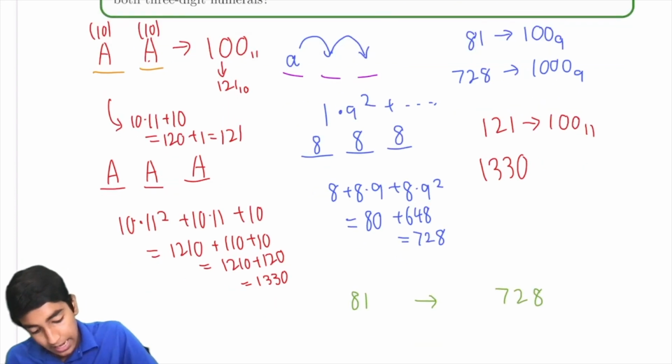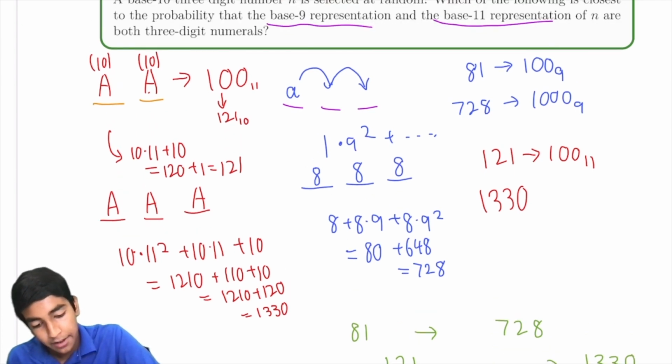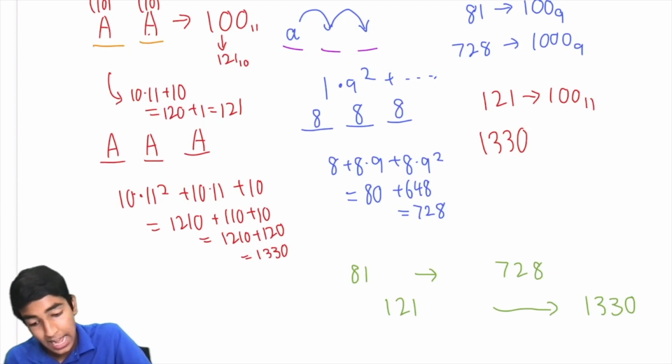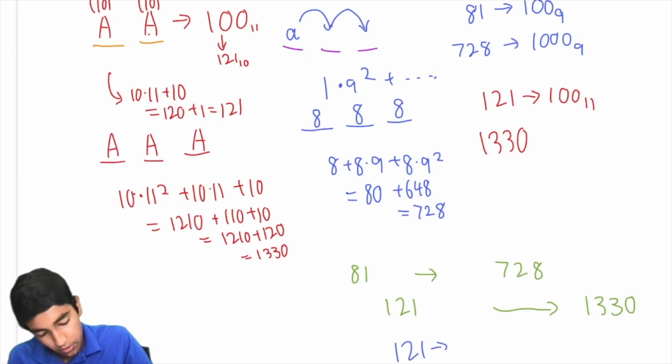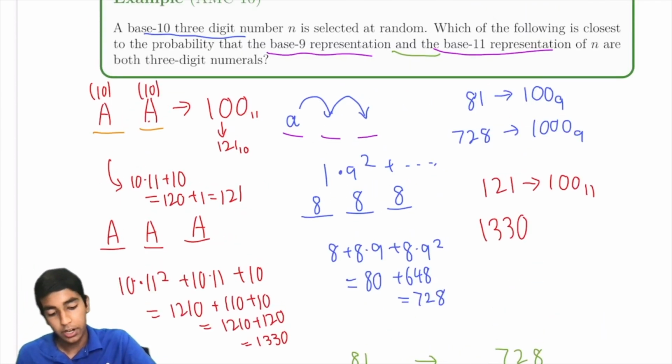But in base 11, it has to be from 121 to 1330. So for both of these conditions to be true, it has to be from the range 121 to 728. And these are all 3-digit numbers in base 10, so we're good.